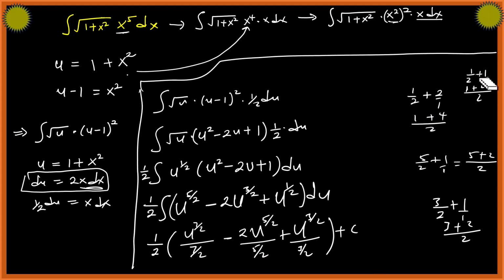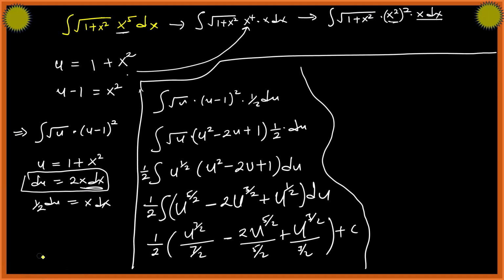So let's reduce this one. This can be written as 2u raised to 7 on 2 all over 7.